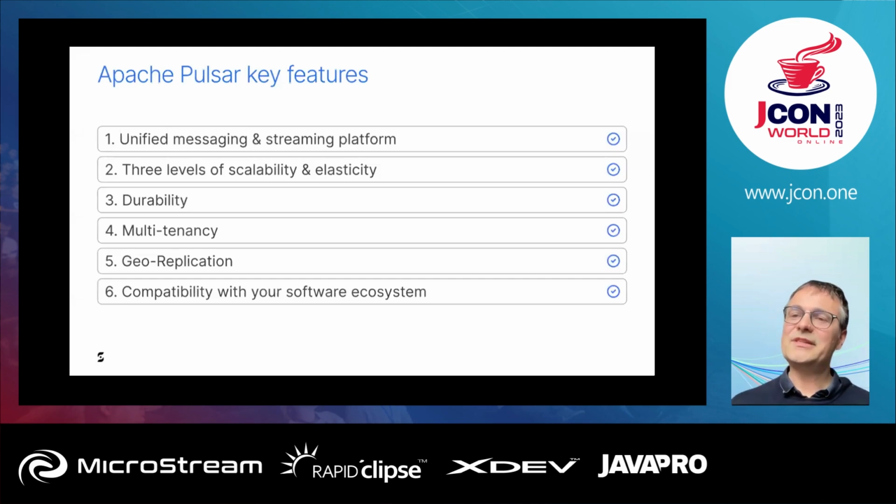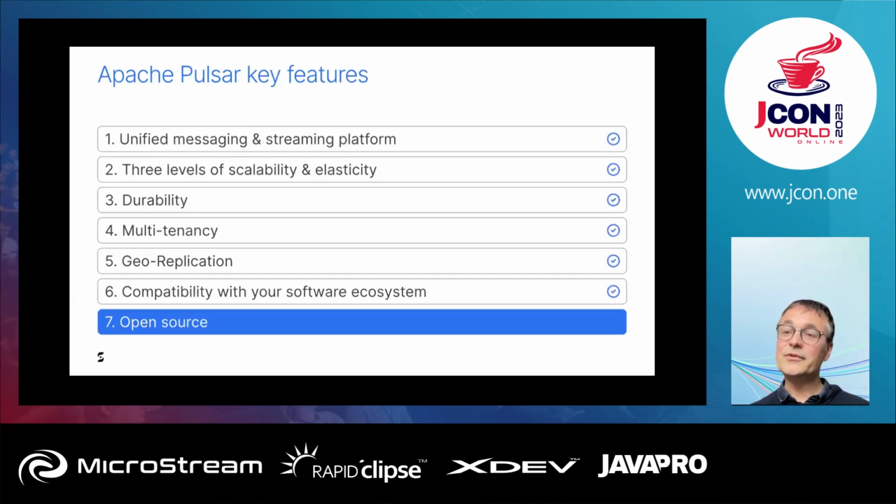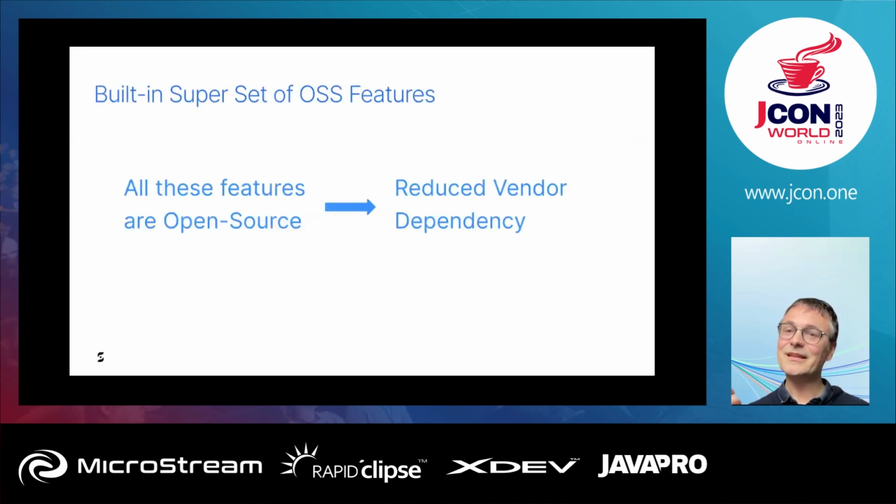When it comes to choosing a technology, open source is key, right? Some of the benefits of choosing an open source technology are, for example, sustainability, avoiding vendor lock-in, and community support, right? And Pulsar, of course, is open source. All these features I presented are available in open source.